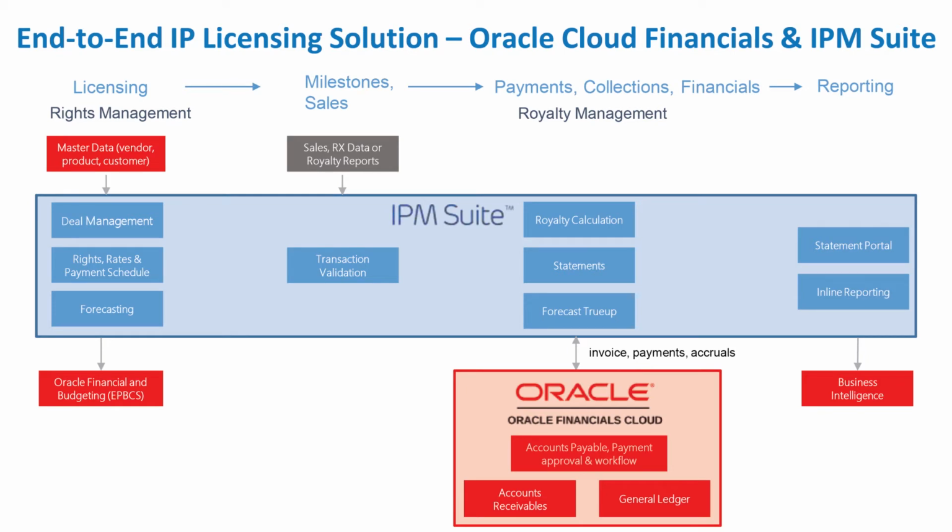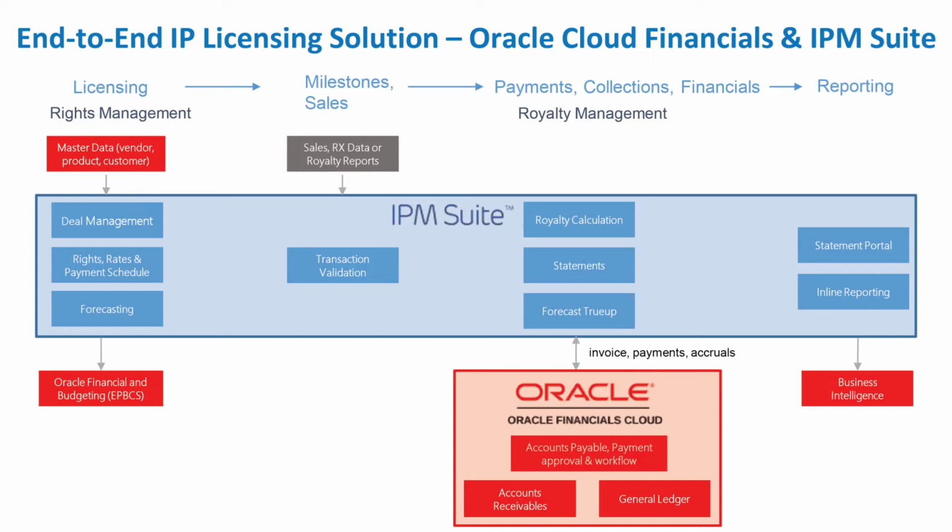So from a high-level perspective, what does that mean? Well, if we break it down by a module-to-module and function-to-function capability, again, taking a best-of-breed approach, we can see in the red here we have Oracle data points, and then in the blue we have IPM Suite, and within that, the various modules, features, and capabilities.